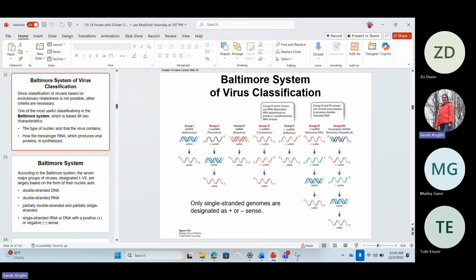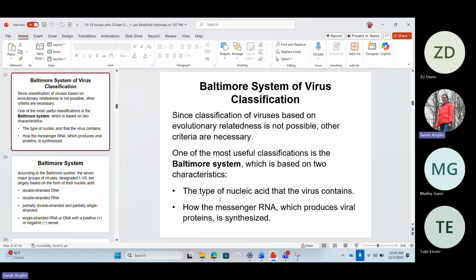So we know the characteristics that the Baltimore system uses. Do you understand? I don't see it written down here, but I thought I did write it down.